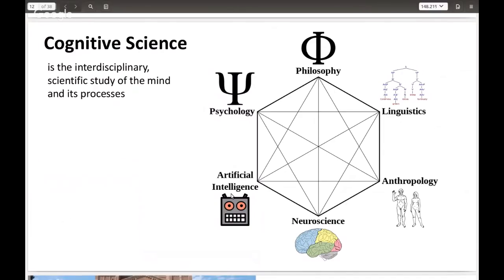That's because the kind of field that I'm involved in, artificial intelligence and computer science, is what we call cognitive science. Cognitive science is an interdisciplinary scientific study of the mind and its processes. And so you can see from this graphic here, these different disciplines that are all interconnected in various ways.